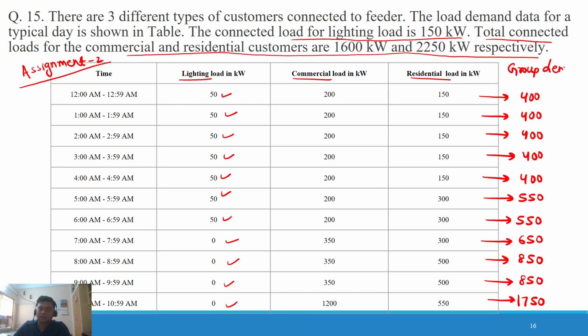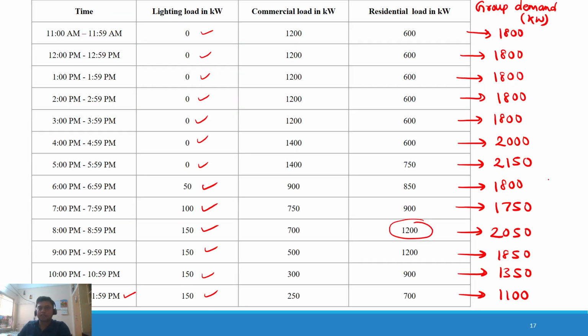If we see the group demand or aggregate power demand, starting from the beginning: 400, 400, 550, 650, 850, 1750, then 1800, 2200, 2150, and lower down 1800, 750, 250, 1850, 1350, 1100.